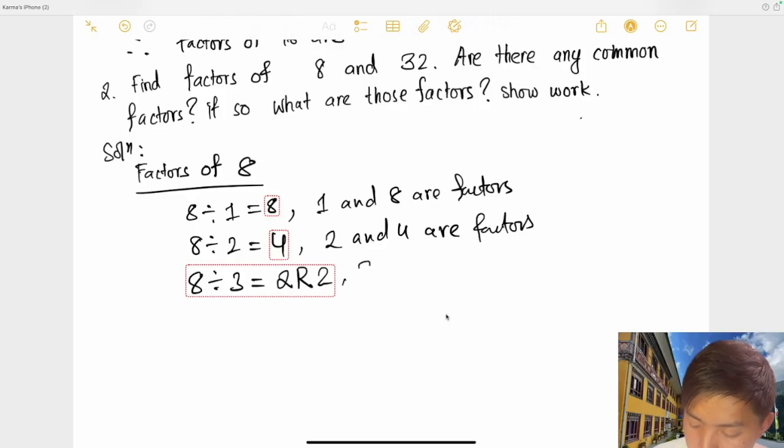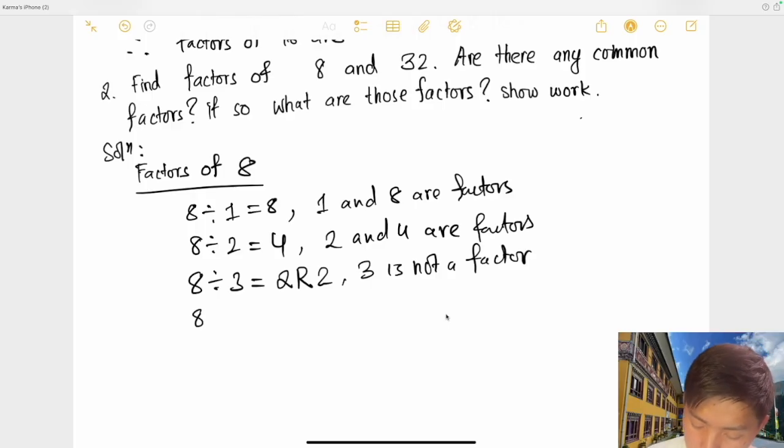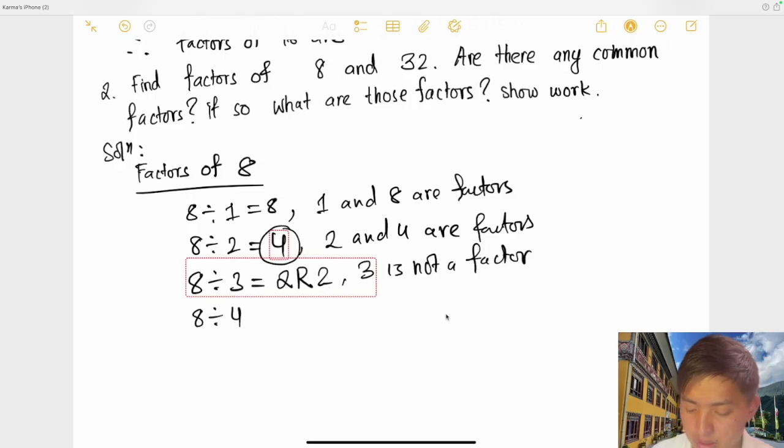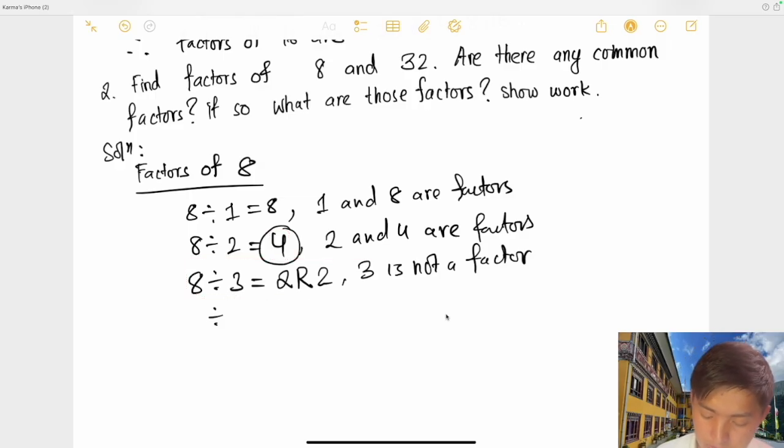So there is a remainder, 3 is not a factor. Now the next number after 3 would be 4, and you have already seen a 4 in the second division, so you don't have to go any further. At this point you stop dividing, because the factors are only going to repeat.